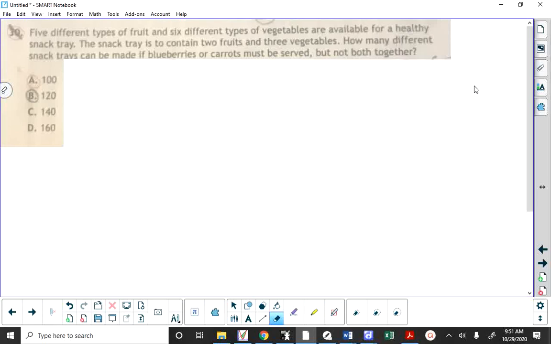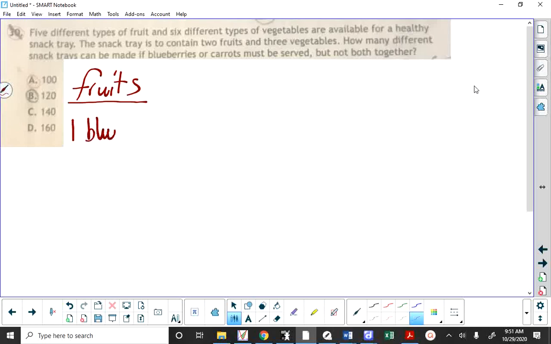That's the condition, is you cannot have them both. Because of that, I'm going to take the items that are fruits, and I'm going to break them down into 1 blueberry and how many fruits did we have? 5, 4 other fruits.